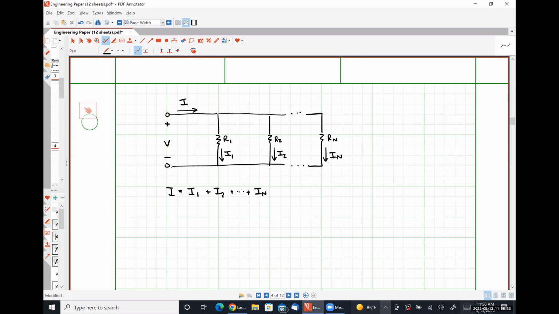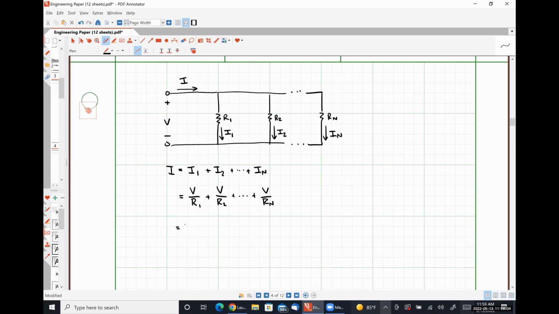Okay. Well, we can express all of those currents, I1, 2 through n, in terms of that common voltage V. So that's going to be V over R1 plus V over R2 all the way out to V over R sub n, or V multiplied by 1 over R1 plus 1 over R2 all the way out to 1 over R sub n.